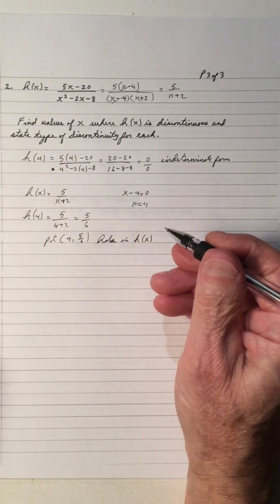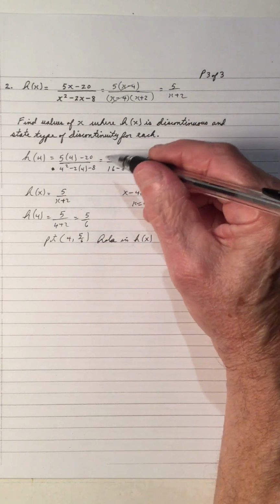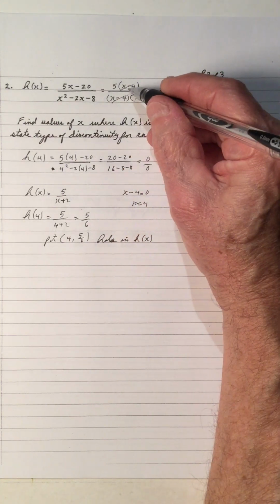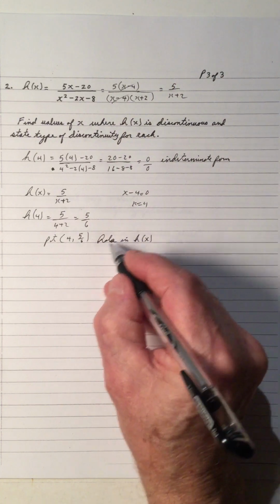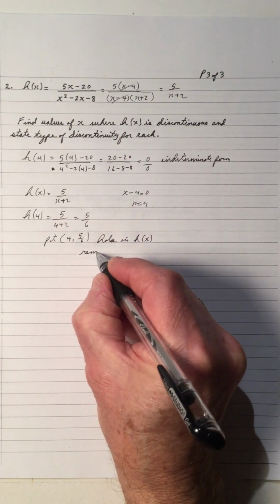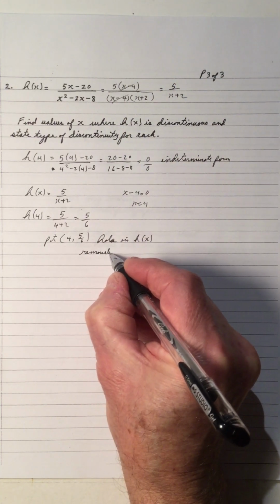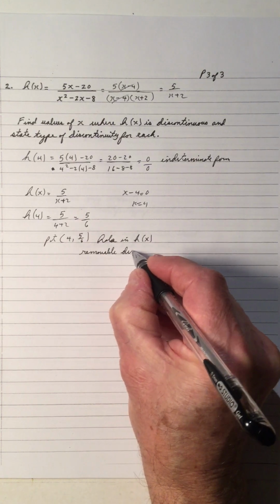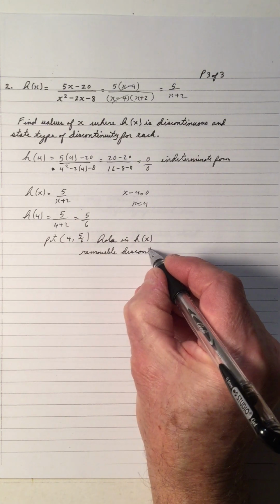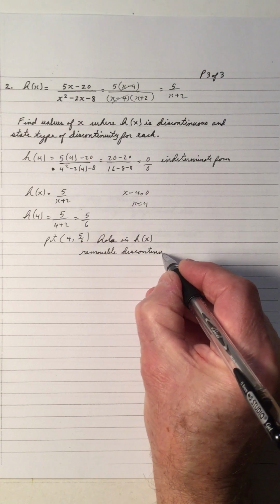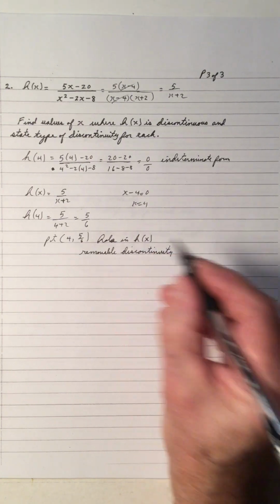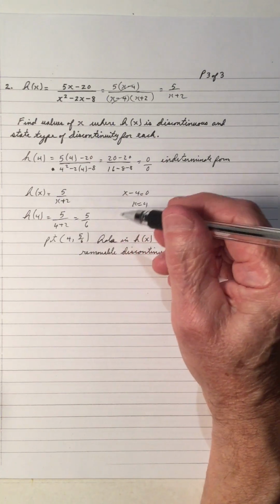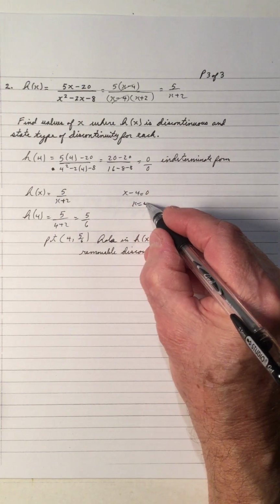That's a removable discontinuity. Because it canceled out, I was able to find where the hole was.